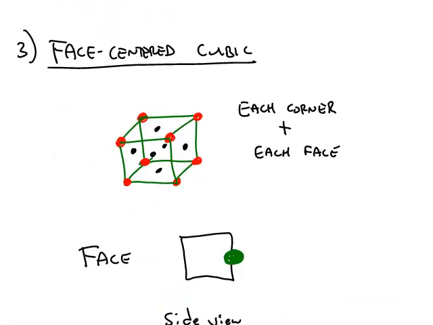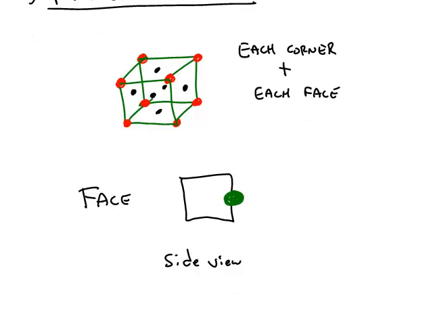And the third possibility we're going to look at is called face-centered cubic. Again, we have the 8 corners with atoms, and then we have an additional atom on each of the 6 faces of the cube. So when you look at this from the side view, this green atom is in the unit cell on the left, but it would also be equally in the unit cell on the right.